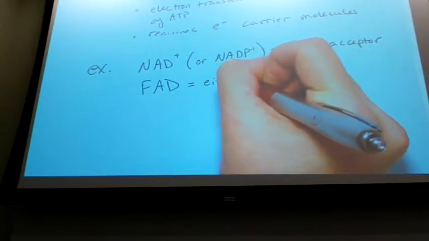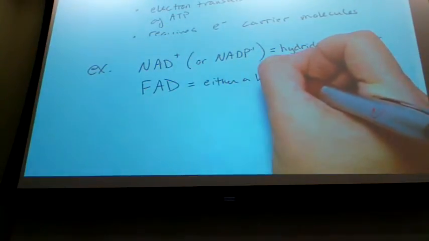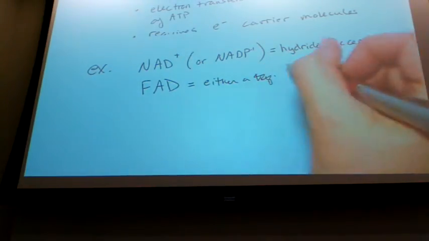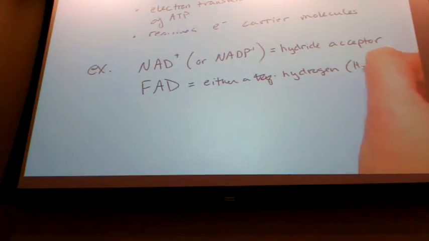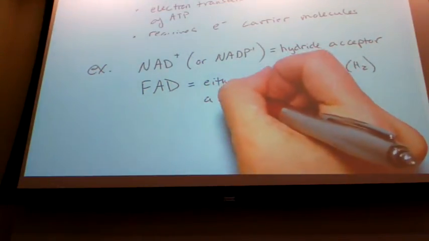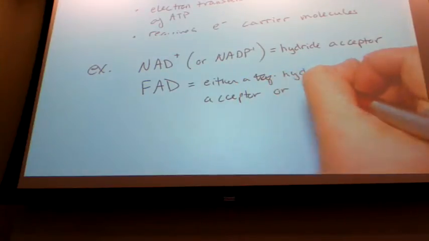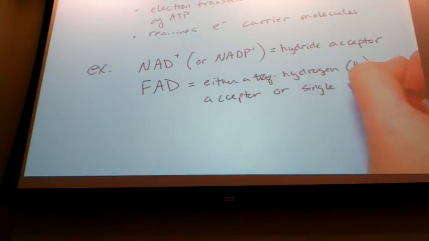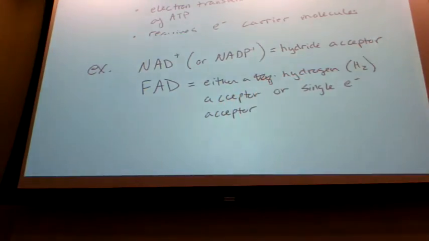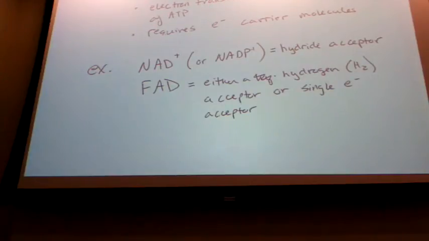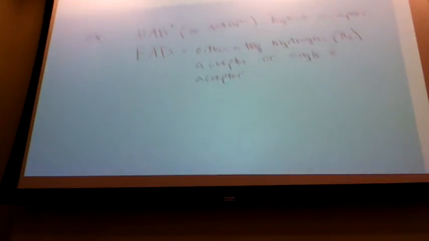And FAD is either a hydride, right, I shouldn't say hydride, I should say hydrogen, meaning H2 acceptor, or single electron acceptor. So NAD only works in pairs of electrons, but FAD can transfer one at a time.